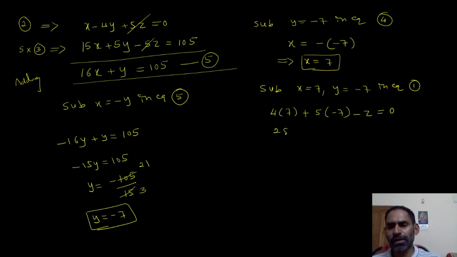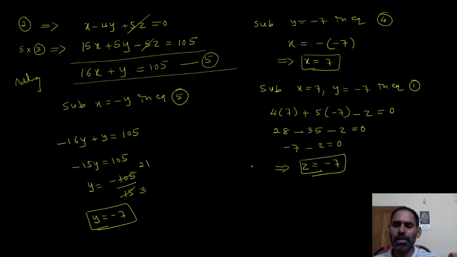So 28 minus 35 minus z equals to 0. Therefore this is minus 7 minus z equals to 0. That implies z equals to minus 7. Therefore we need not substitute in the others. We are getting all the x, y, z values.